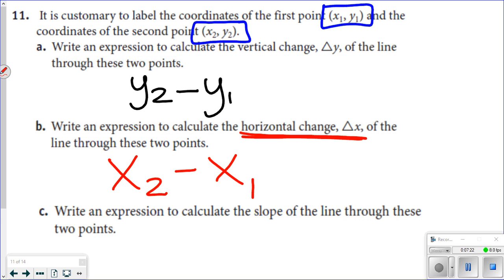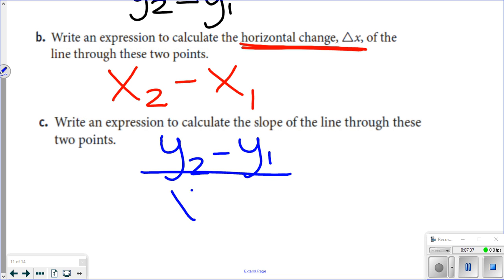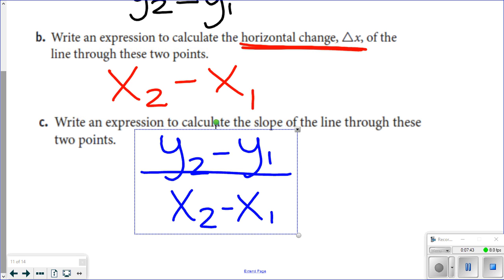All right, let's put these two things together for question C, and that's going to give us our slope formula, which was our second learning target. So the change in y divided by change in x. Y is our rise, it always goes on top. X is our run, it goes on the bottom.